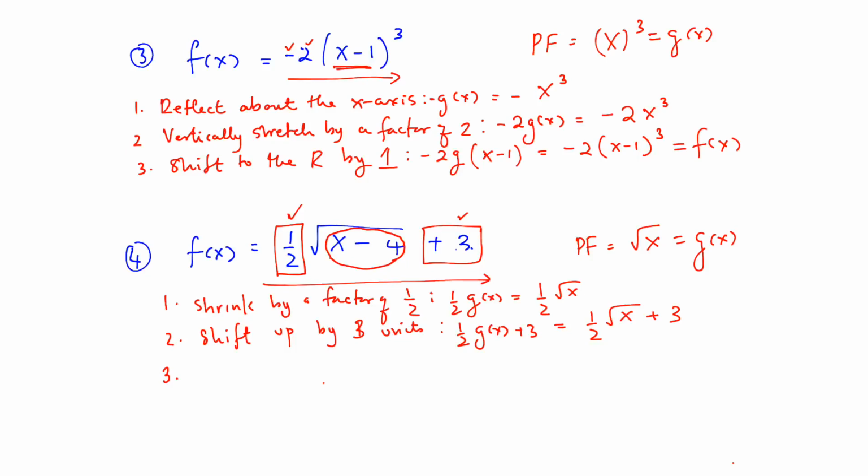And now that I've done all the vertical movement, the only horizontal movement I have over here is x minus 4. Reading from left to right, that is the first time we see that.